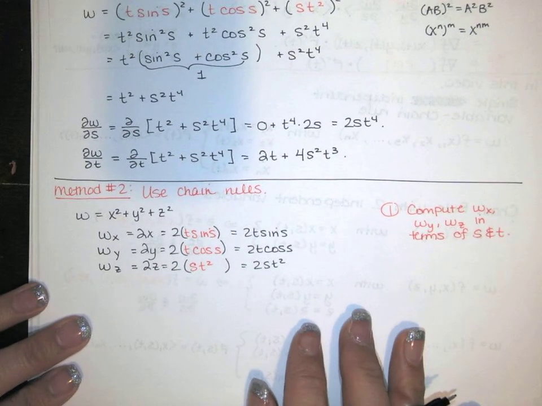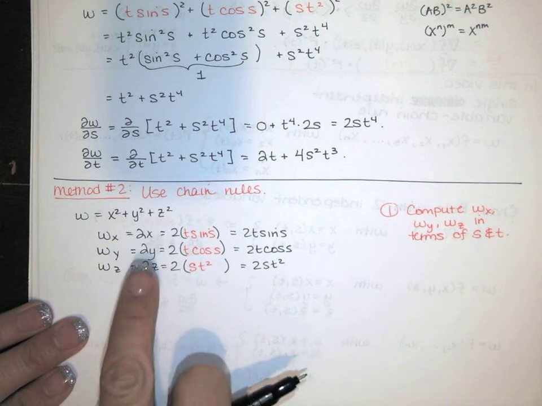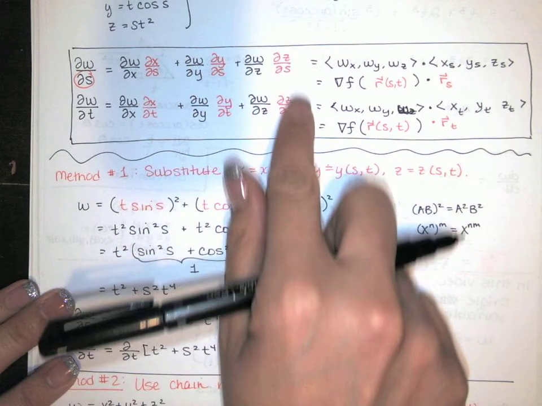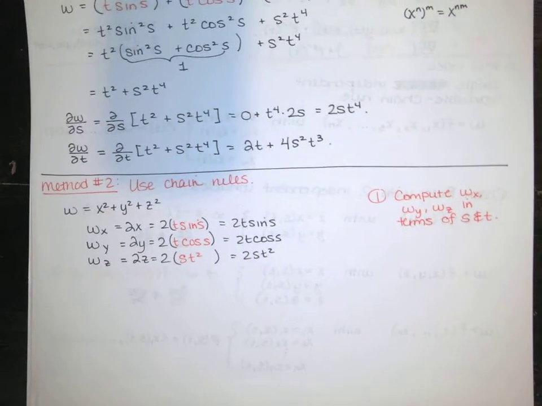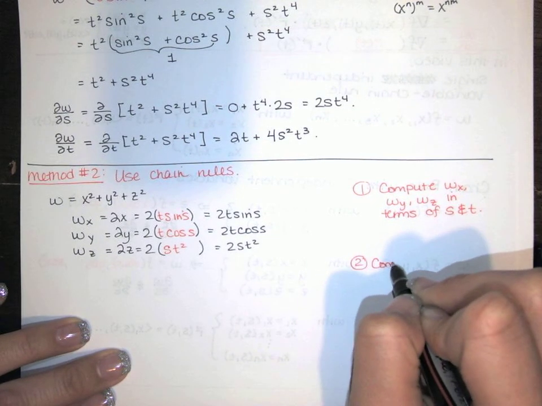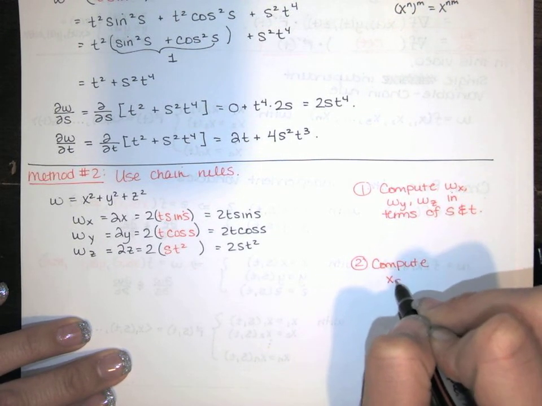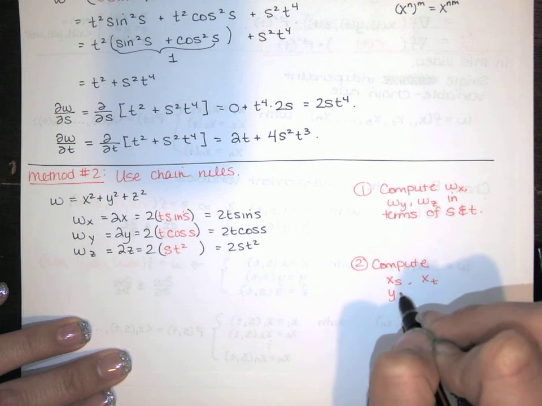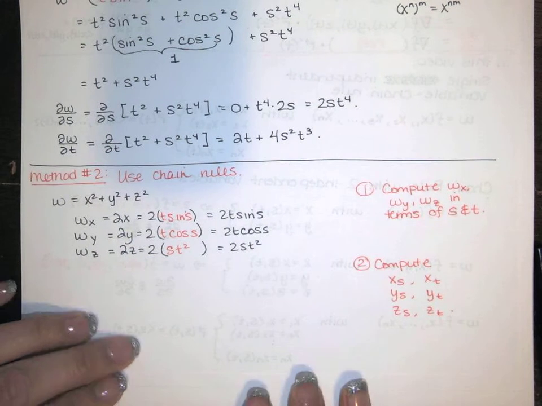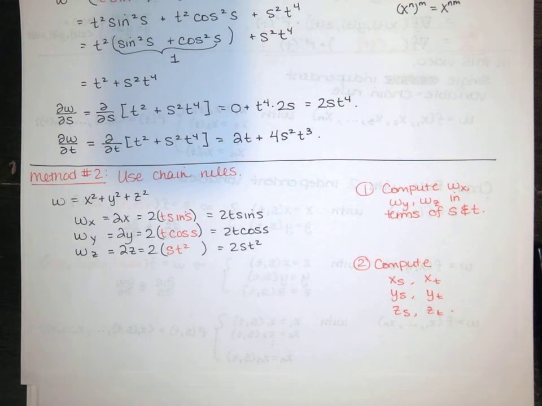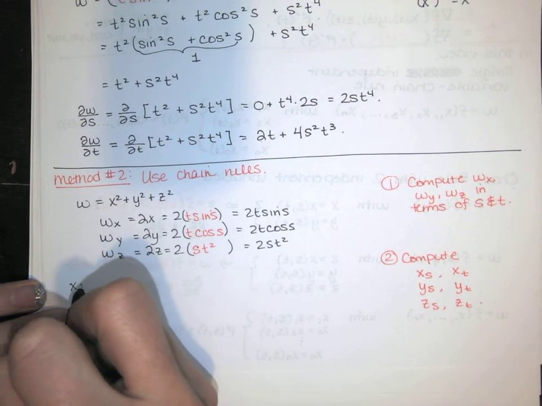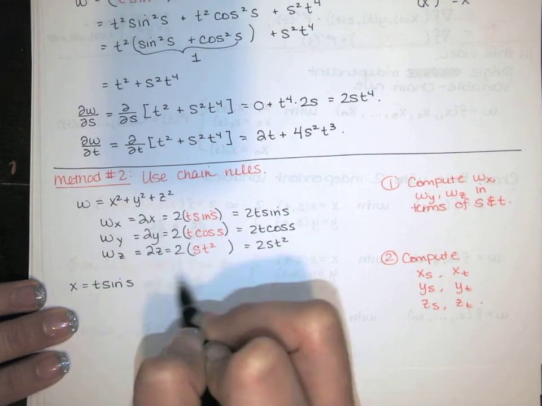Okay, and now in order to use our chain rules, we need partials of x, y, and z with respect to s and t, all three of them. Then once we've got those partials, we can substitute and compute the partials of w with respect to s and t.